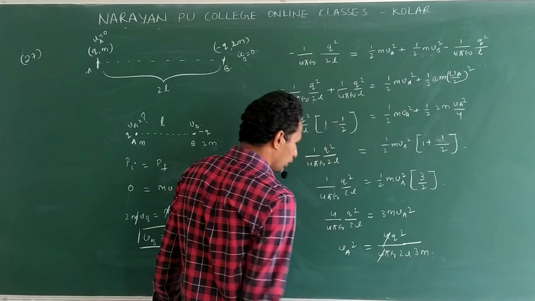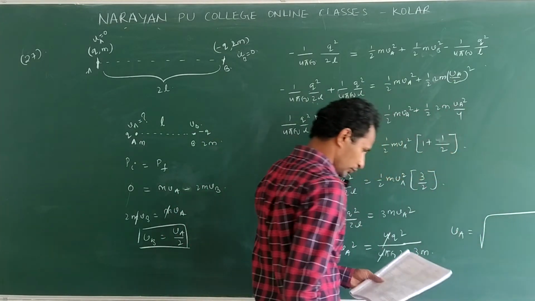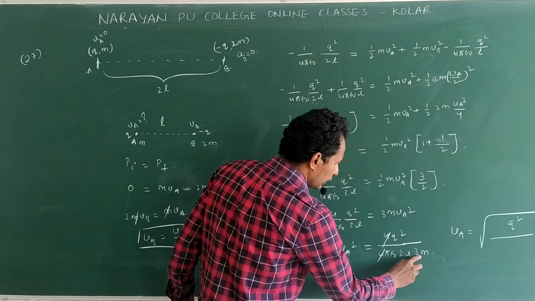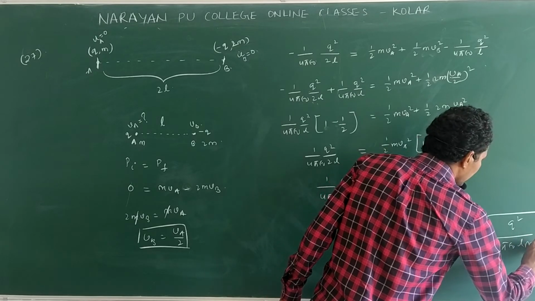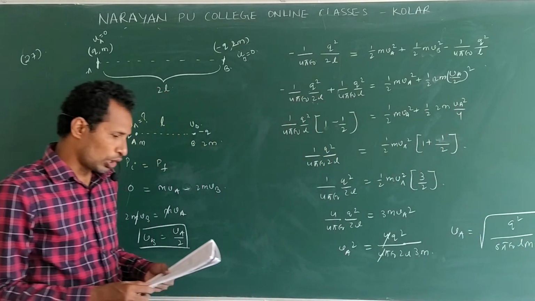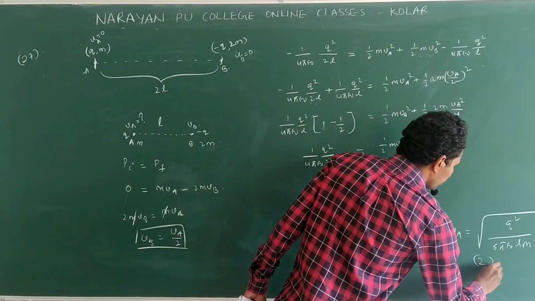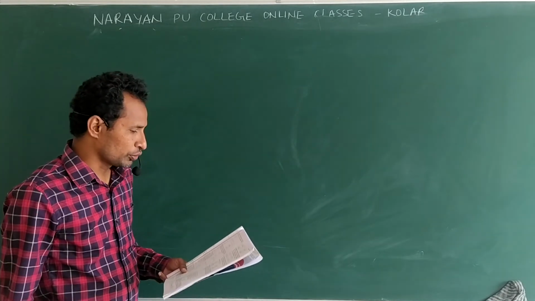So 4 cancels. Then Va is equal to under root of q square by 2 into 3, 6 pi epsilon naught L m. So option 2 is correct. Option 2 correct. Clear? Now come to question 28.